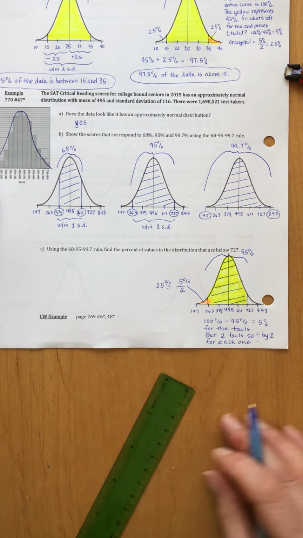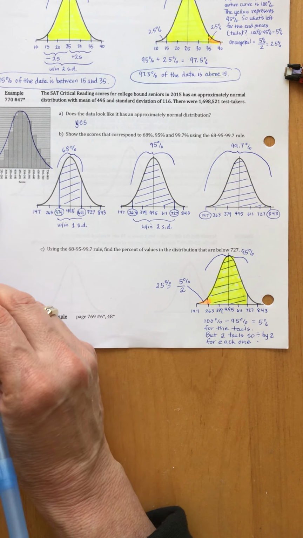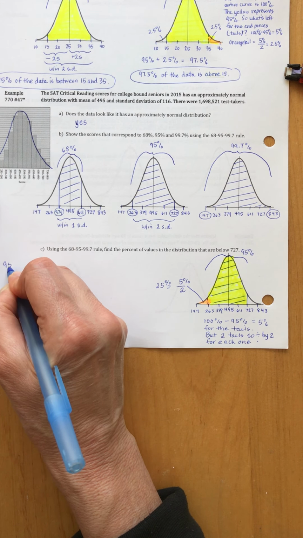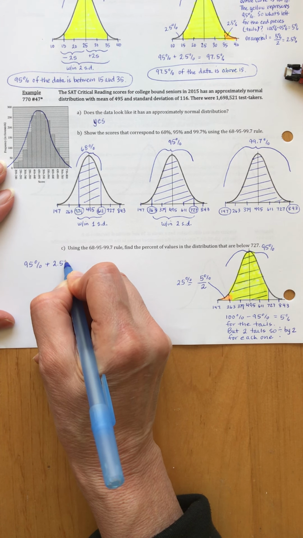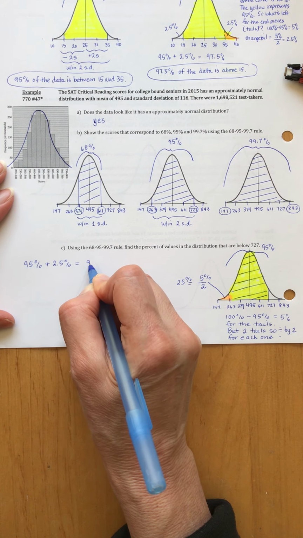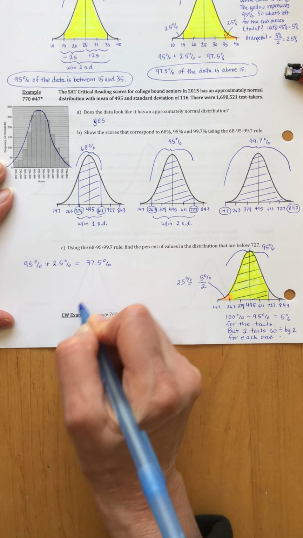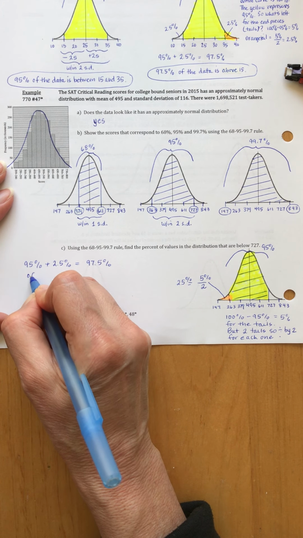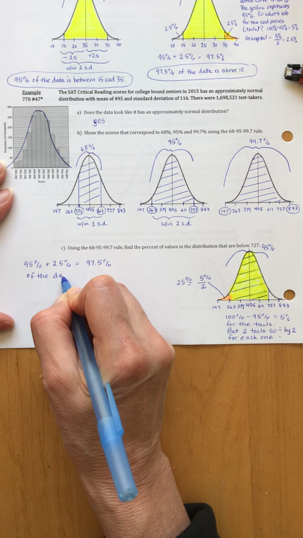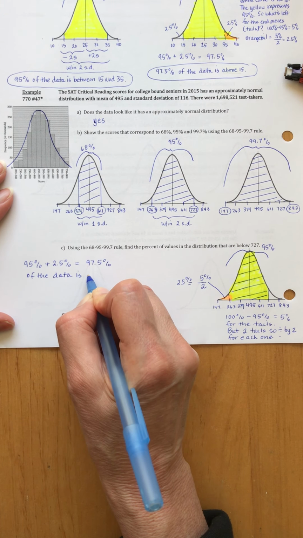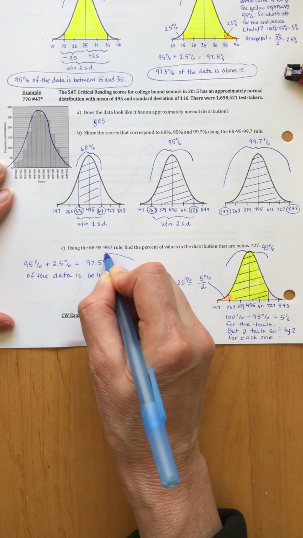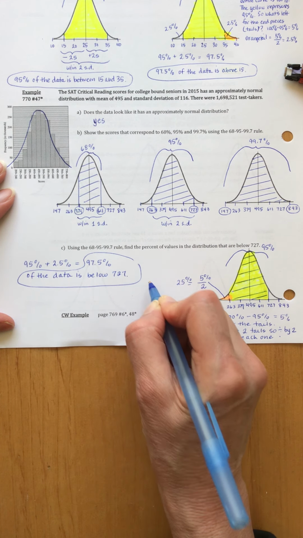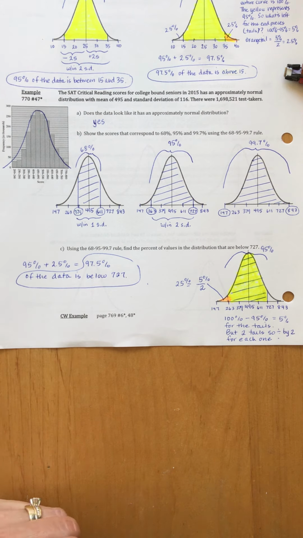Okay, so to answer the question, we're going to say there is 95% plus 2.5%, which is 97.5% of the data below 727. Okay, and that answers the question there. Go ahead and do your classwork and then come on back.